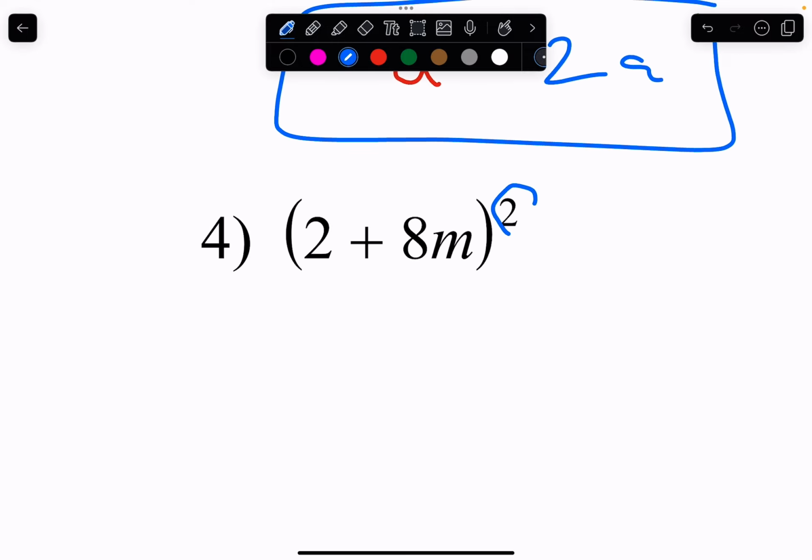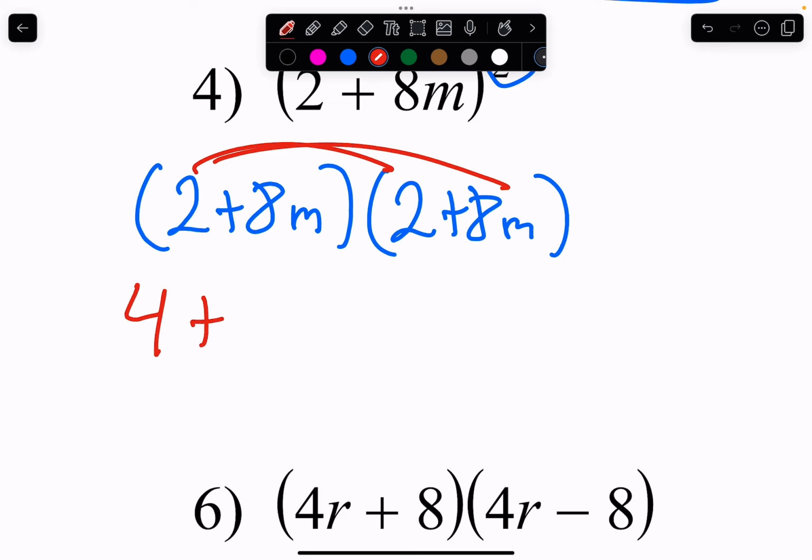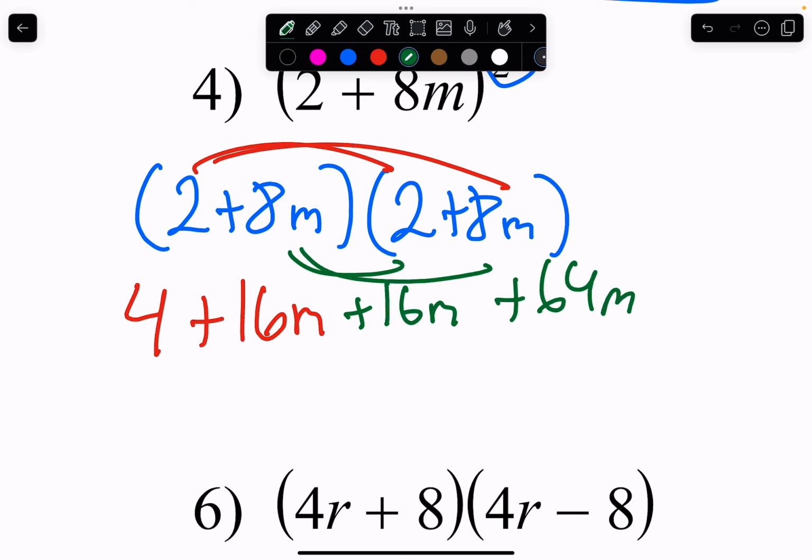If you recall, when you have this squared symbol, what you need to do is write this twice. And then multiply. So we get 4 plus 16m plus 16m plus 64m squared.